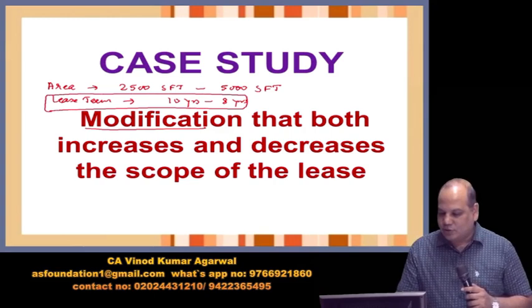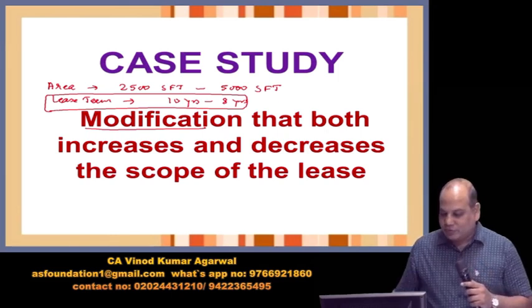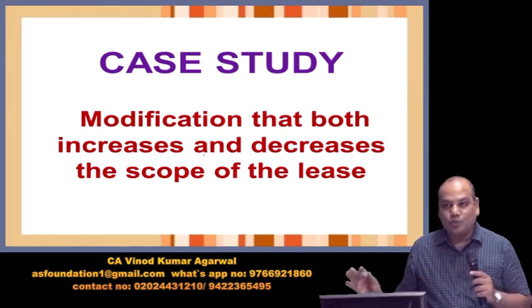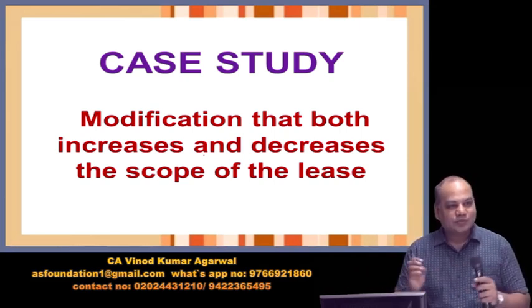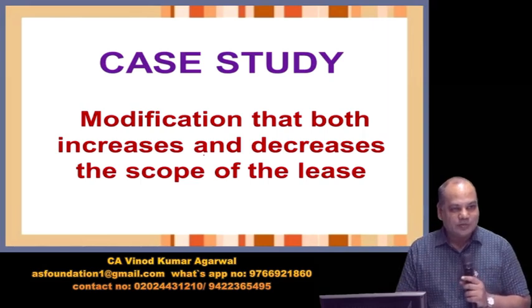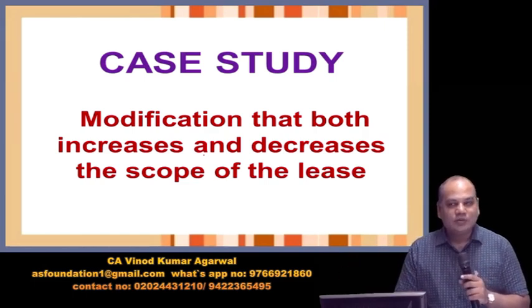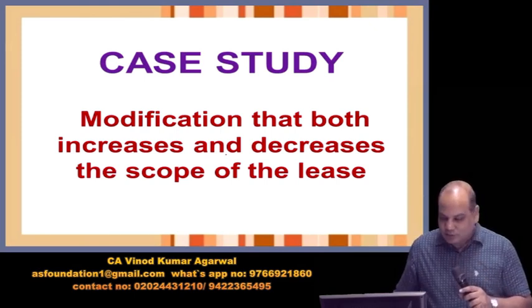So something like this, or reverse can also happen. Area may reduce, lease term may increase. So we have to give the effect of both the situations now. For decrease in the scope, some gain or loss will be recognized. And for the increase in the scope, the change in liability will be adjusted in the carrying amount of the right of use asset. So a lot of number crunching gets involved in such calculations.